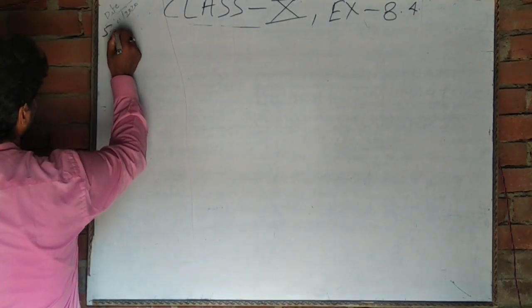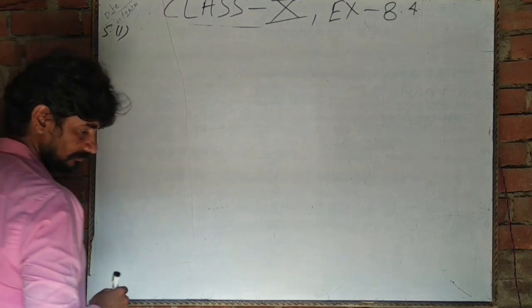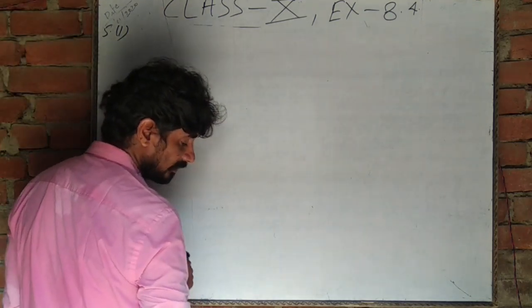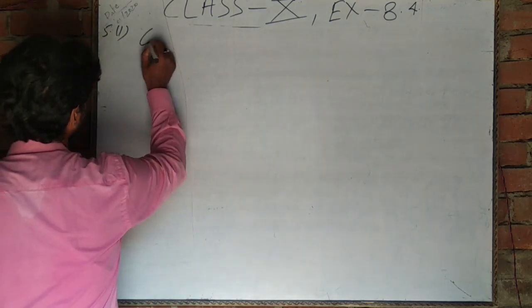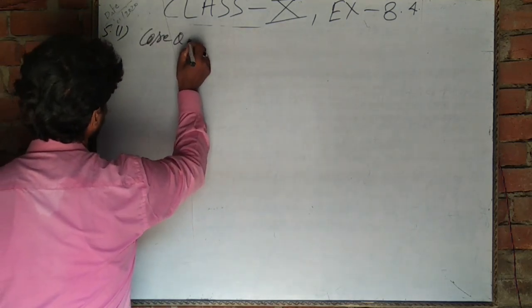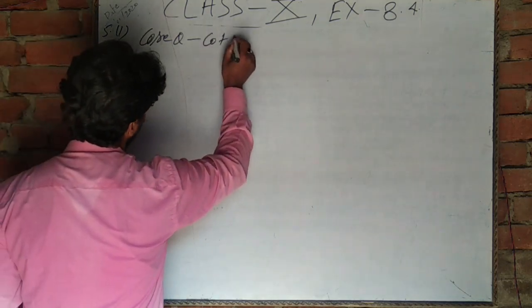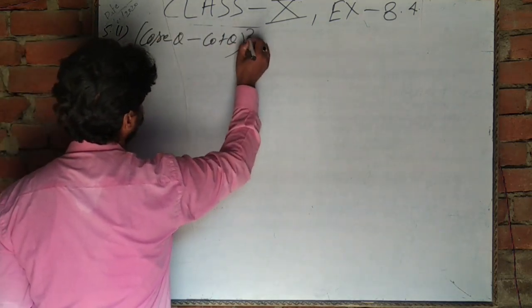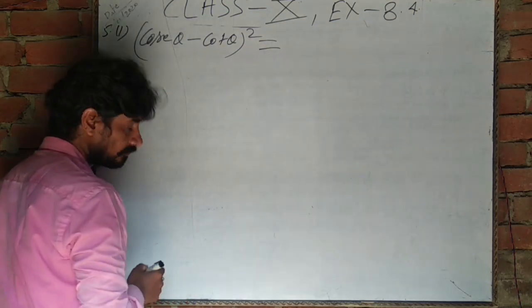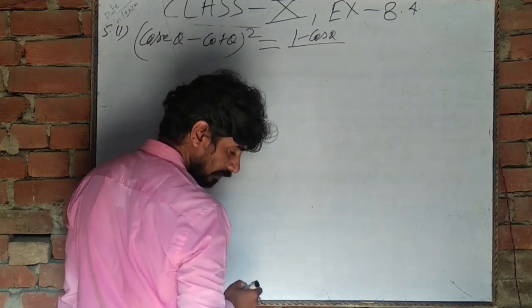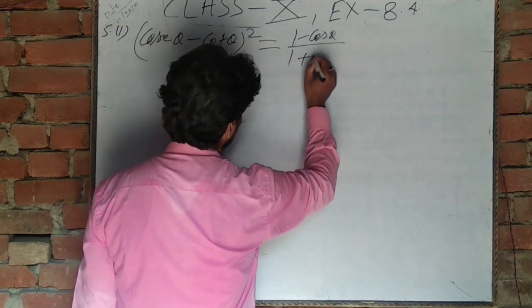Question number 5. It is given, cosec theta minus cot theta whole to the power 2 equal to 1 minus cos theta by 1 plus cos theta.